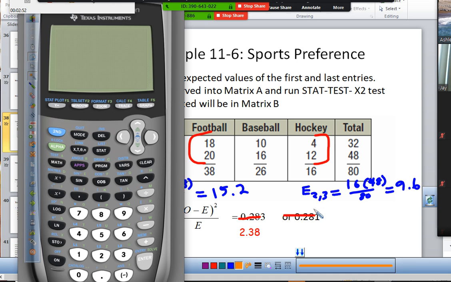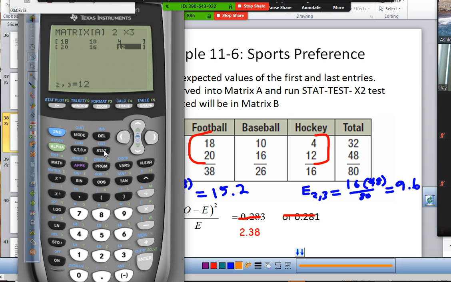So get your calculator out. You did second matrix. You went over to edit. And then you put in, it's a 2 by 3, and then you put them all in, 18, 10, 4, 20, 16, 12, double checking to make sure they're all right.